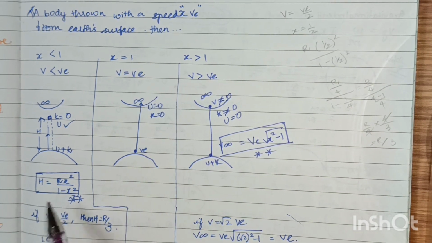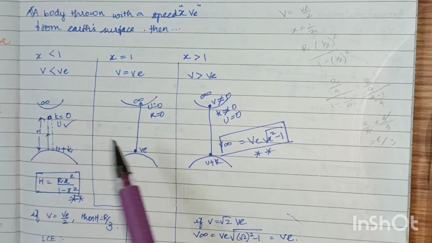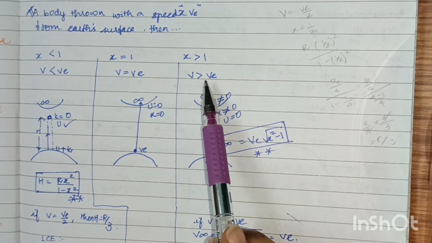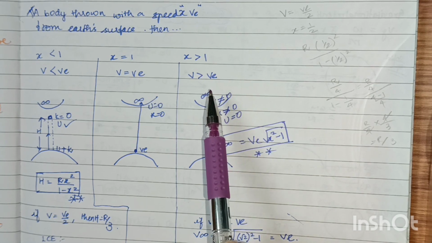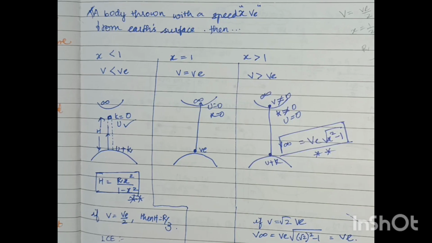In the second case, we are going to throw it with a velocity less than the escape velocity, and in the third case with a velocity greater than the escape velocity. Let us see what happens in these three cases, and the required formulas. First we are projecting the body with the escape velocity only.